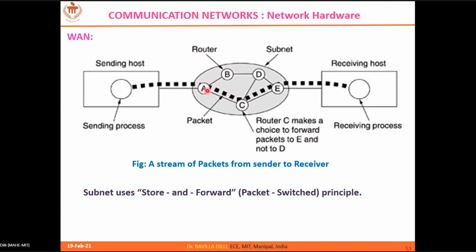Here, the packets first come to router A. Router A will execute the routing algorithm and decide which path is the best. There are two alternatives, it can select B or C. In this example, it has selected C because maybe this is the best path.